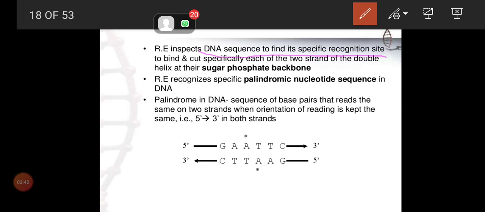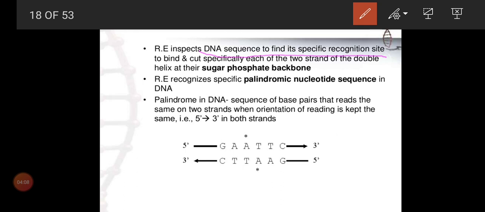Once it has bound, automatically from that region the restriction endonuclease is going to cut, and after binding, this restriction endonuclease wraps around the DNA. Okay, how it will cut: it will wrap around the DNA, and it causes a break in both the strands of the DNA molecule at a time.